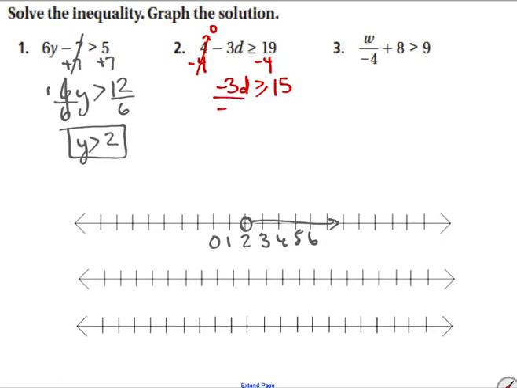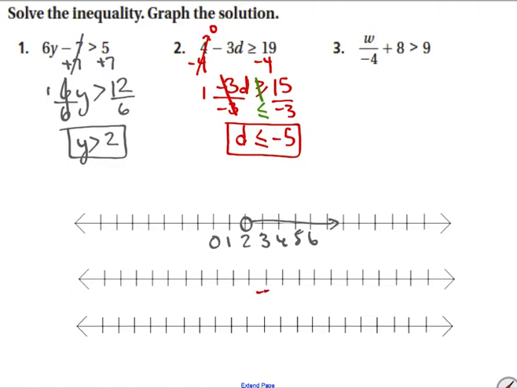Negative 3, if I divide it by negative 3, it will give me the 1. But since I'm dividing by a negative, I need to immediately switch the sign direction. And this gives me d is less than or equal to 15 divided by negative 3, which is negative 5. So d is less than or equal to negative 5.